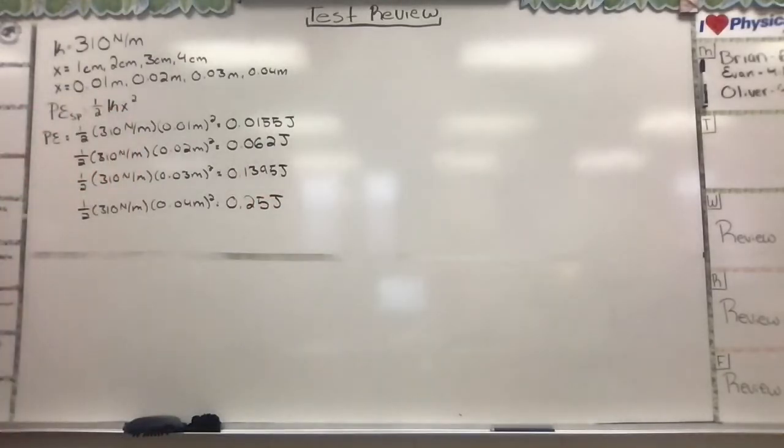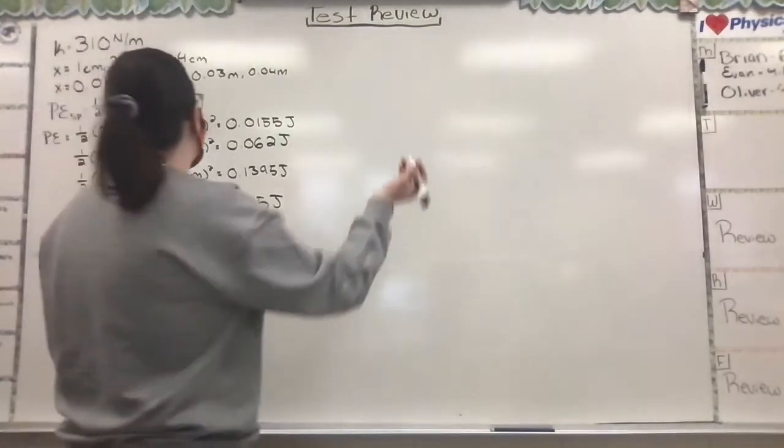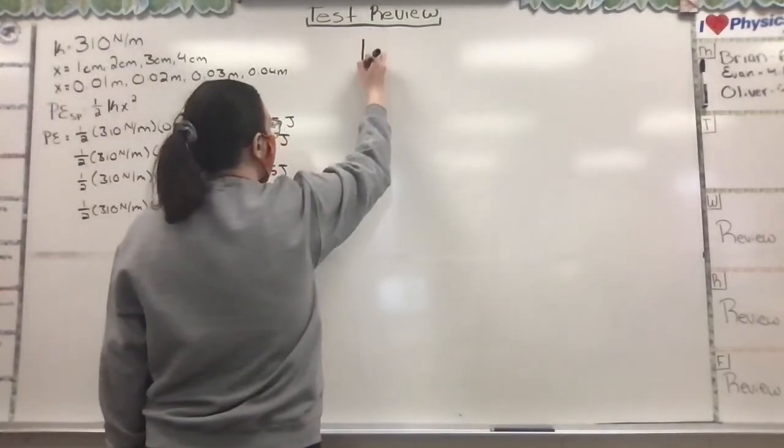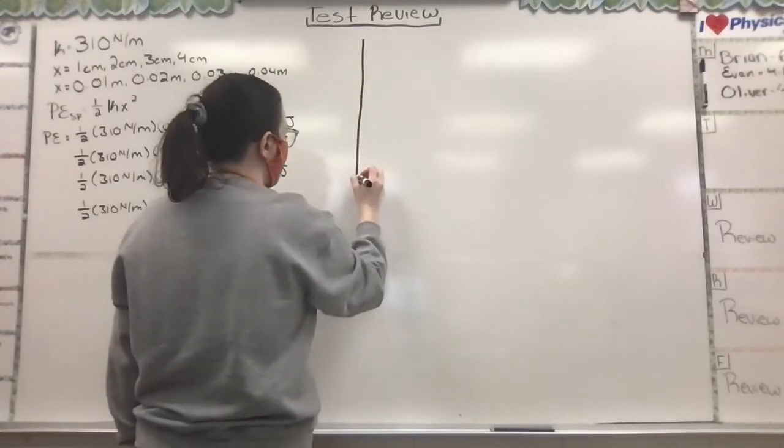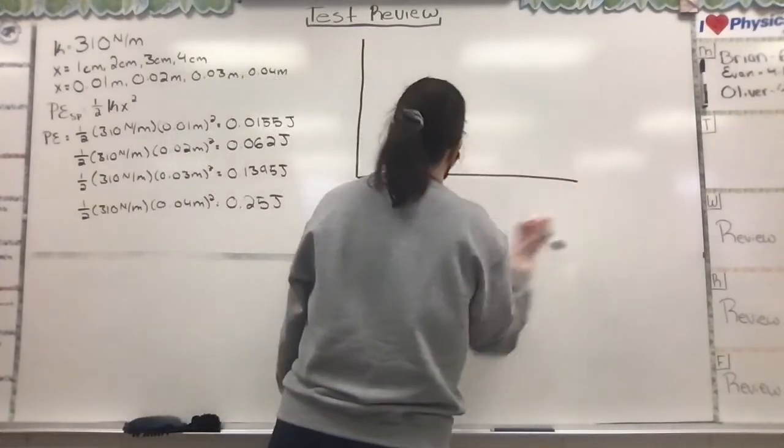Okay, cool. So thankfully, this is all the information we need for this graph. Now, if later on this year or later in your life you need to graph something like this, we have an X and a Y axis all the time, right?